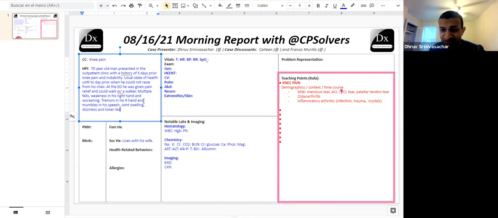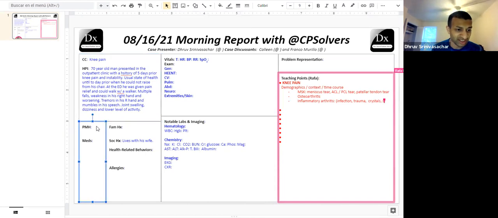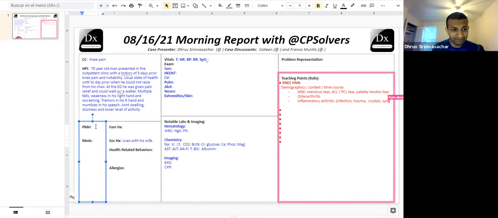In terms of past history, at the ED, he was diagnosed with osteoarthritis. But prior to that, this patient had not seen a doctor within the last 10 years.